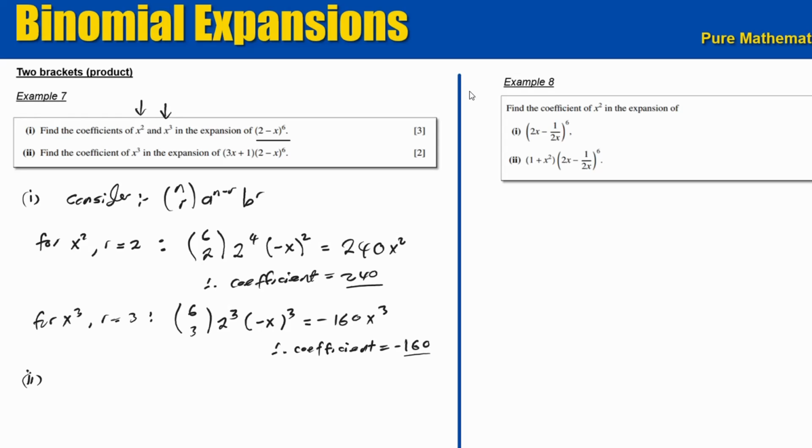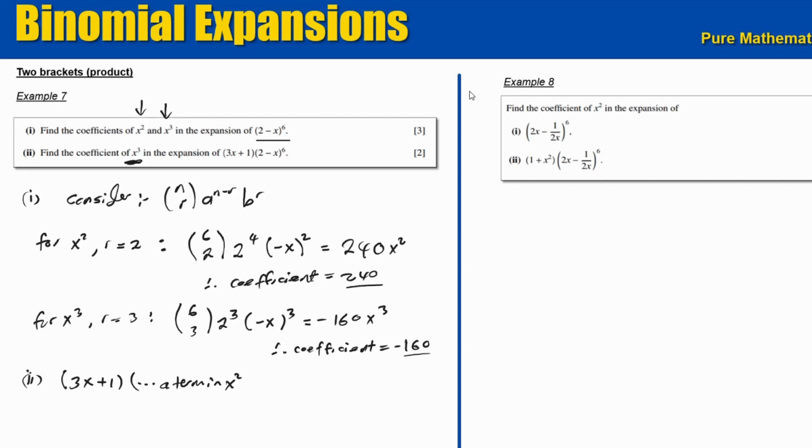Alright, so we're looking for the coefficient of x cubed. Now you need to understand that when these two brackets are expanded, the 3x plus 1 times the second bracket, for us to get a term in x cubed, 3x has to multiply a term in x squared.